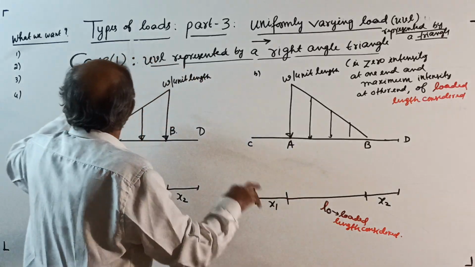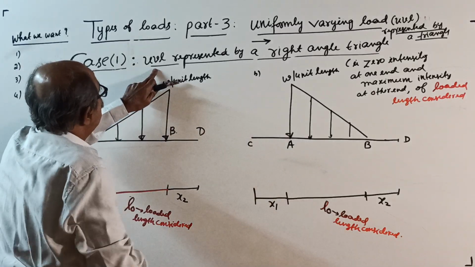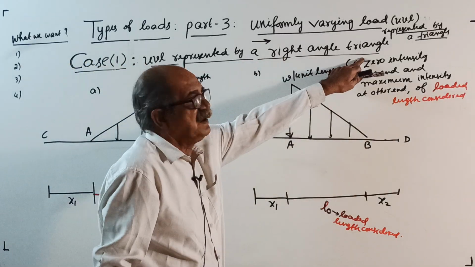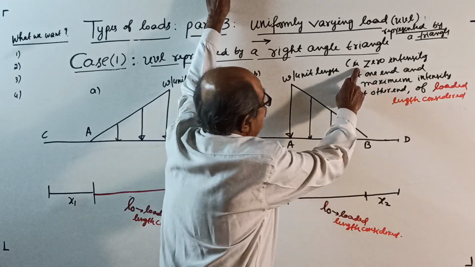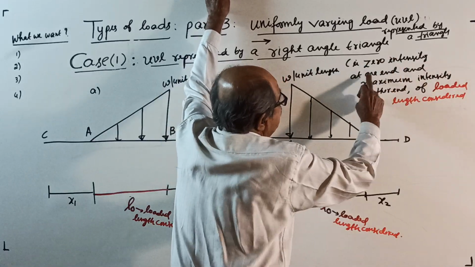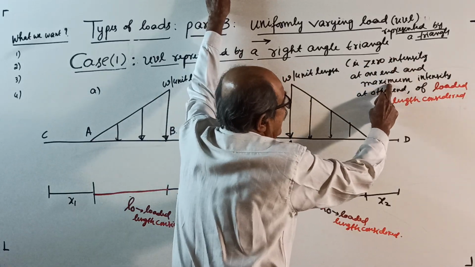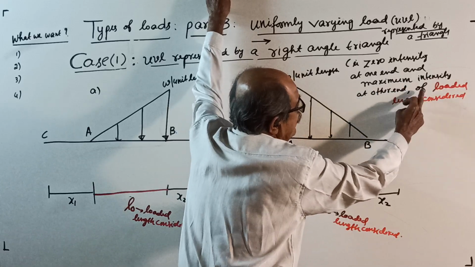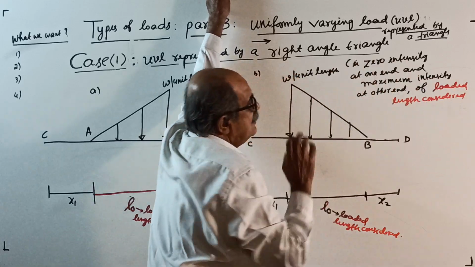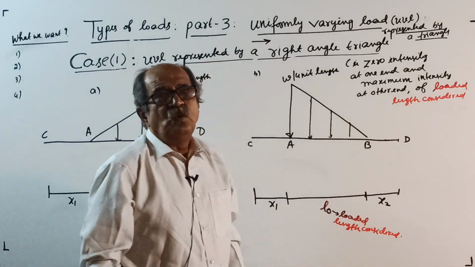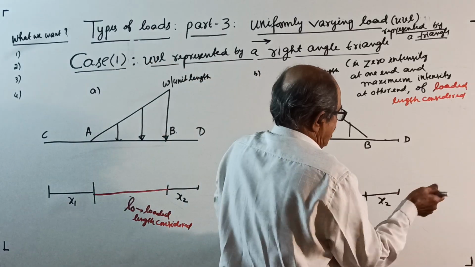Now we will start with case 1: UVL represented by a right angle triangle. That is, 0 intensity at one end and maximum intensity at the other end of the loaded length considered, L0 as usual.